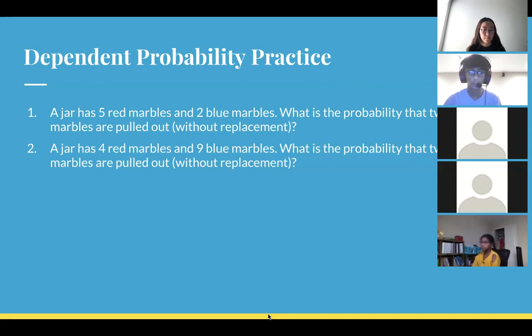Satoshi, remember that it's going to be without replacement, and so there's going to be 3 red marbles left after you pull the first red marble.